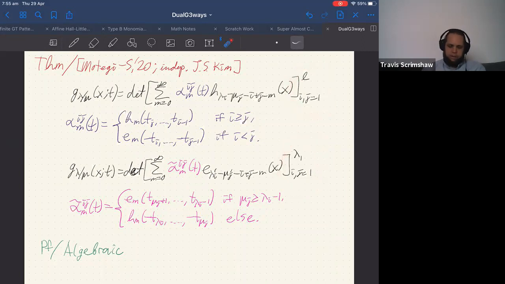I should also say that the approach that Motegi and I did is really based upon these algebraic manipulations.